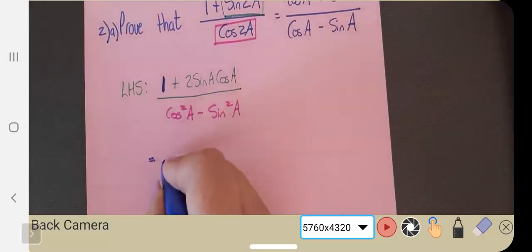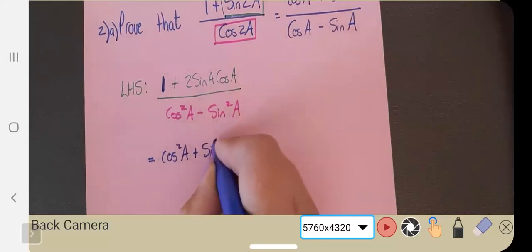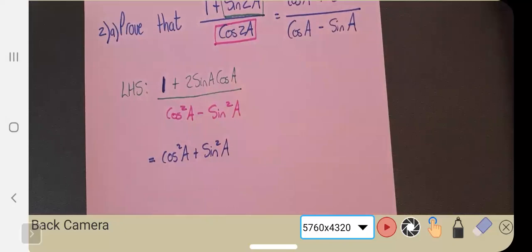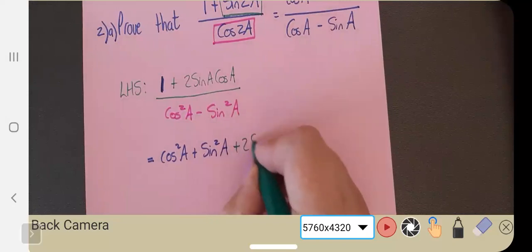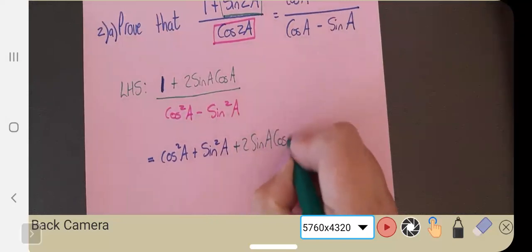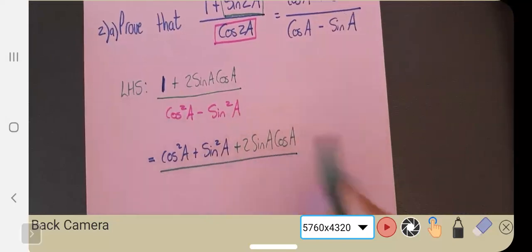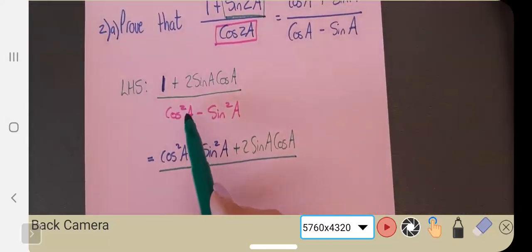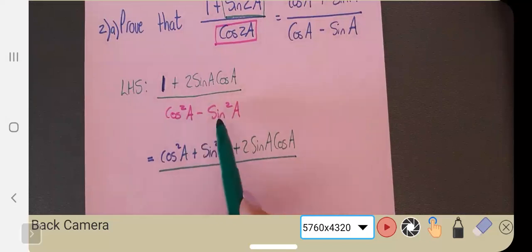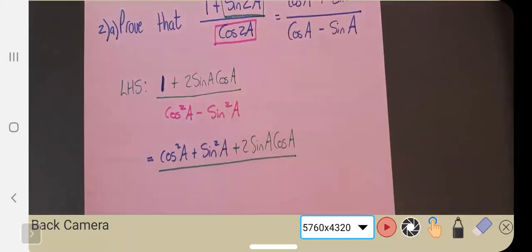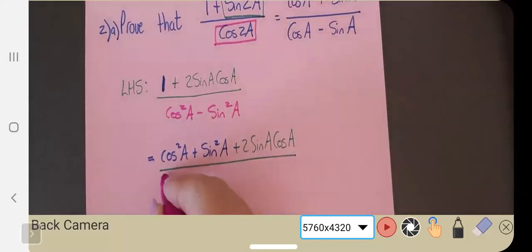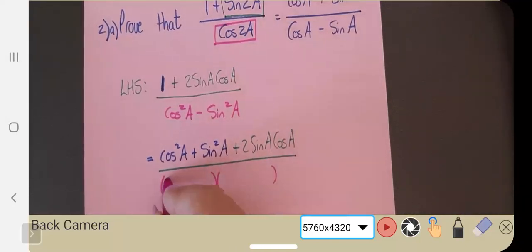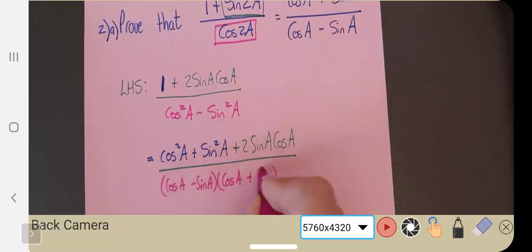So this 1 becomes cos squared a plus sine squared a, and the rest stays the same. Here in the denominator, I have the difference of squares, so I can split that up into two brackets: cos A minus sine A and cos A plus sine A.